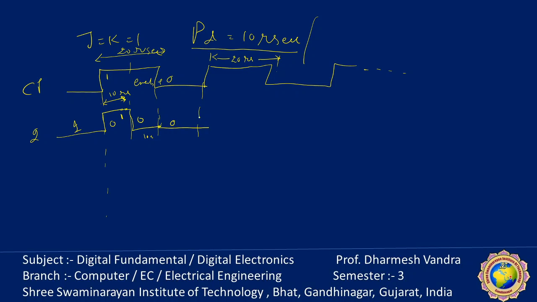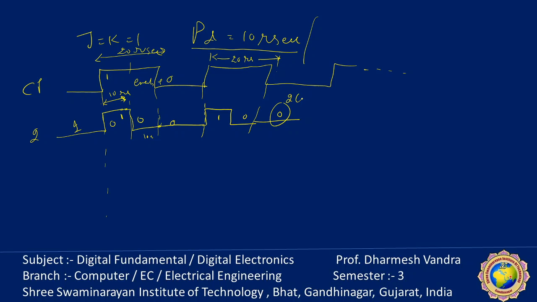Once again, this 0 holds until the next clock pulse. Again after 10 microseconds it is 1, it reflects to the input and becomes 0, and after the clock pulse it remains 0.